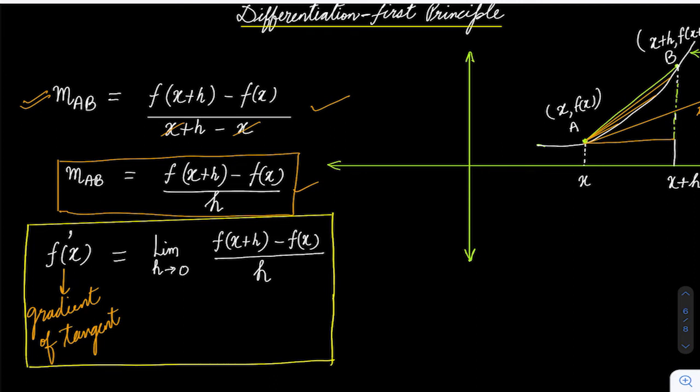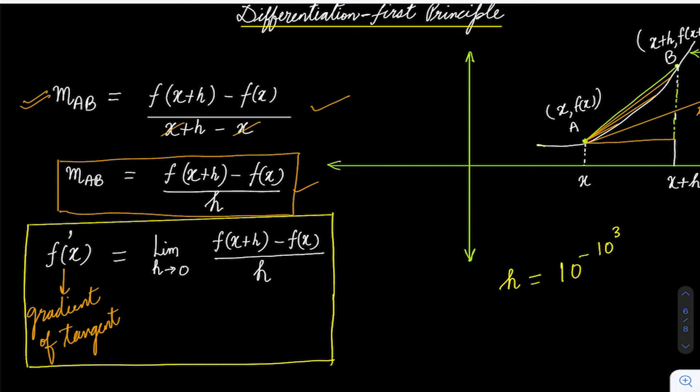Now some students might ask what is very small. Let me give you one example: h is of the order 10 to the power minus 1000. Even this is a little large.